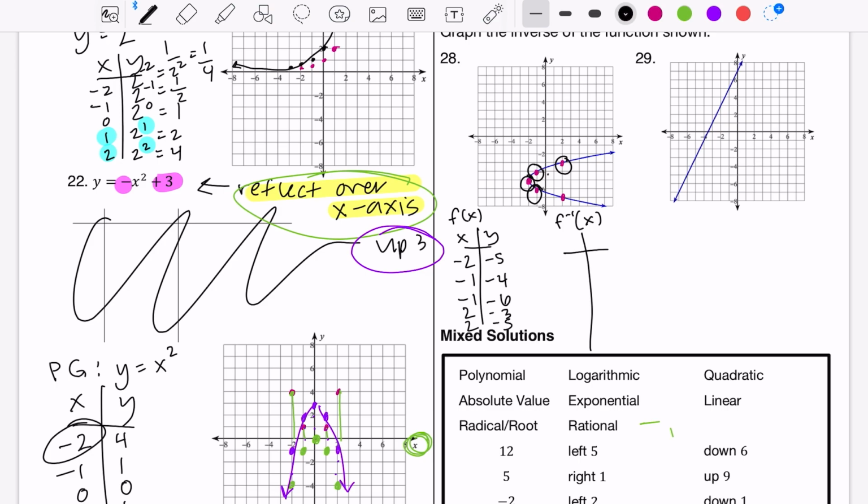So then what I'm going to do for my inverse function is I'm just going to switch all those values.